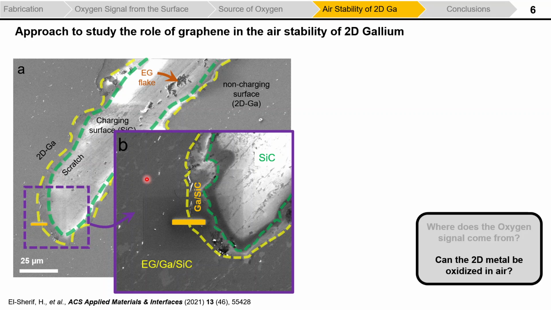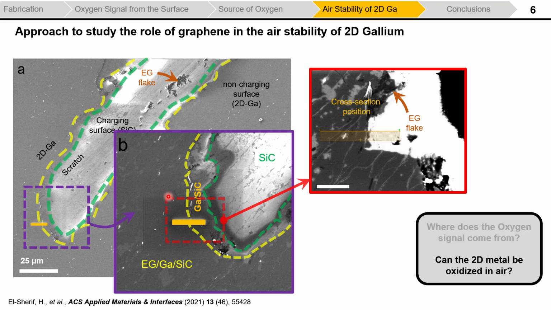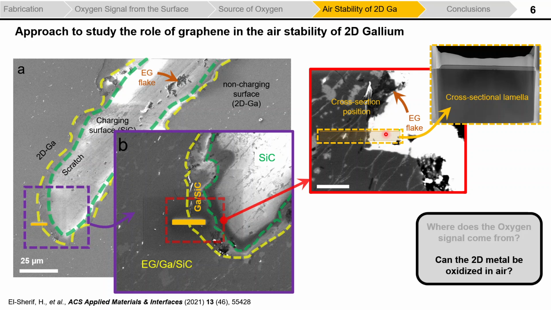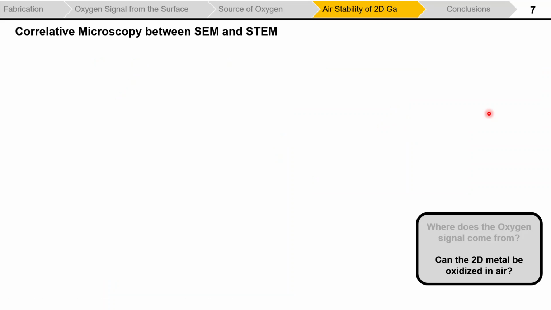We are interested in the area between the yellow and the green lines here, which we could identify as gallium on silicon carbide without the graphene coating, because it has a contrast in between the silicon carbide and the graphene surface. So we identify this area as our region of interest, and we apply a FIB cross-section from this region to prepare this lamella.